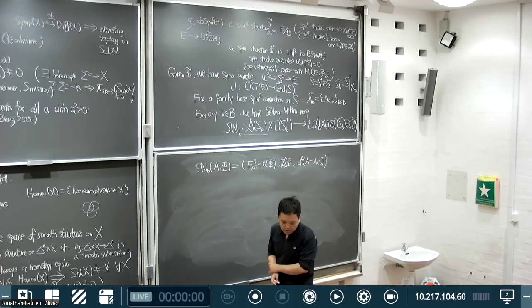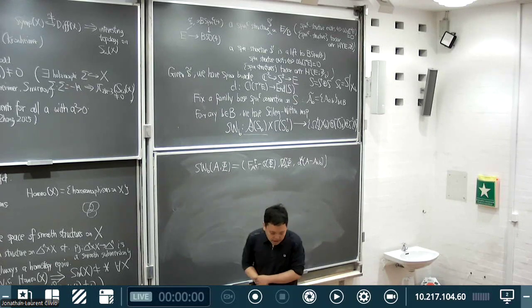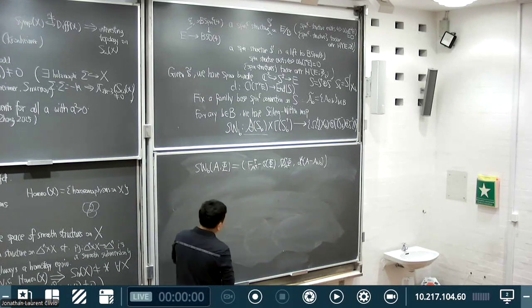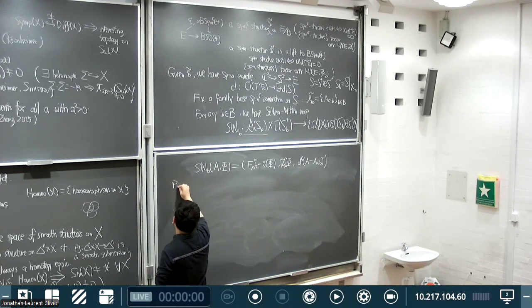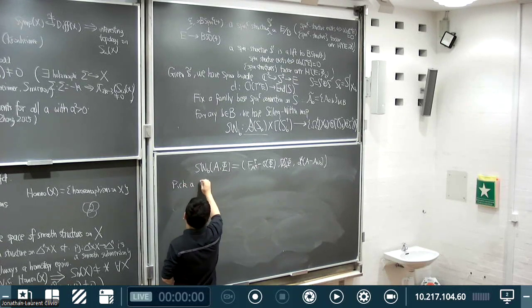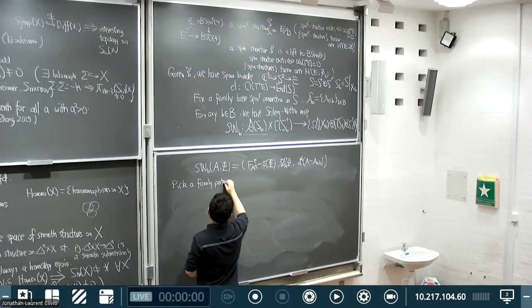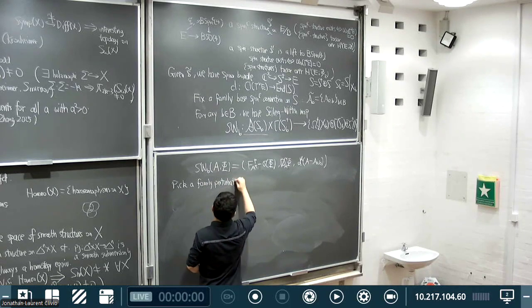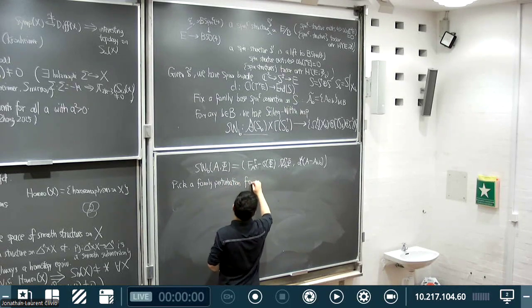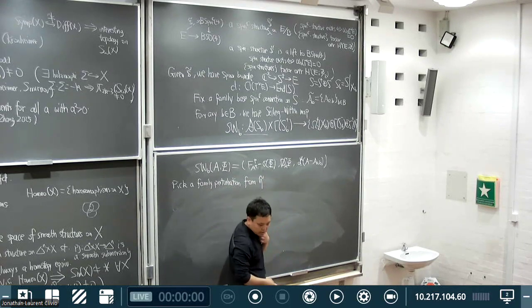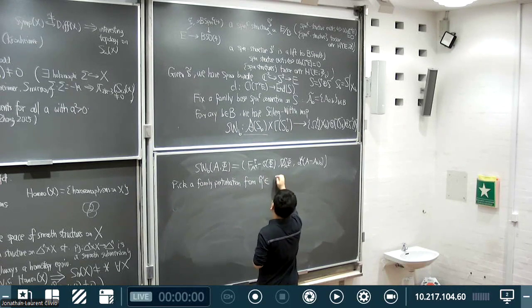Okay, so we have this Seiberg-Witten map. Then in order to get a nice moduli space, we need a perturbation form. So eta tilde is a section.